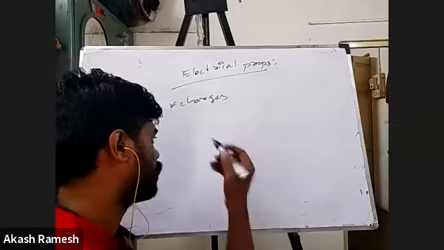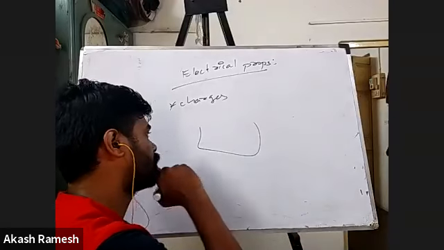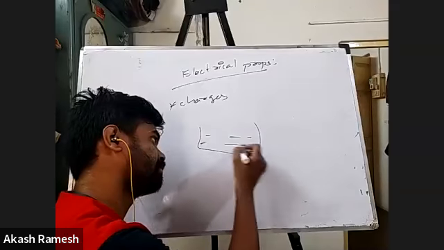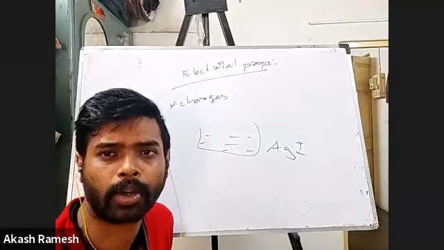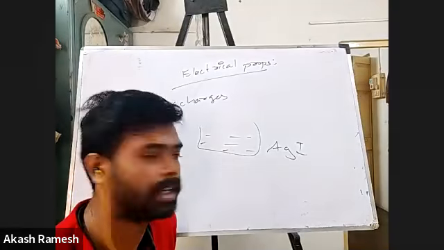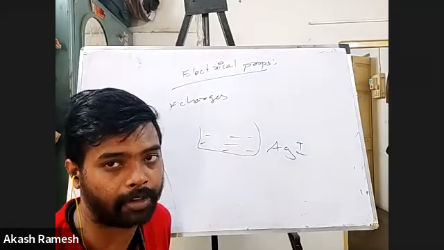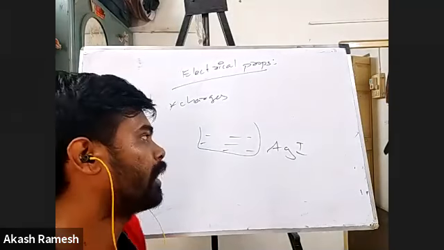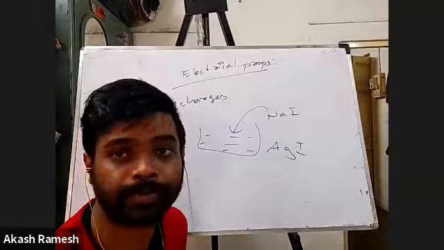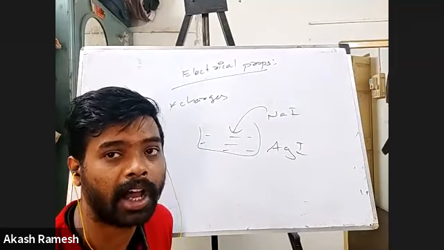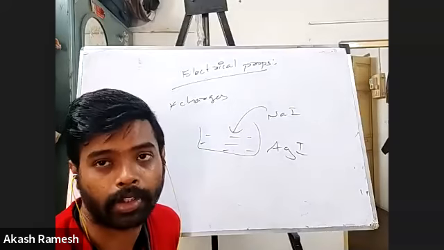Say I have an AgI colloid with me. This is a colloid salt. To this, what I do is I add your NaI solution, electrolyte.